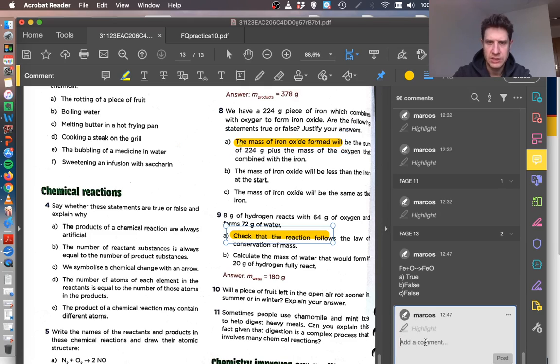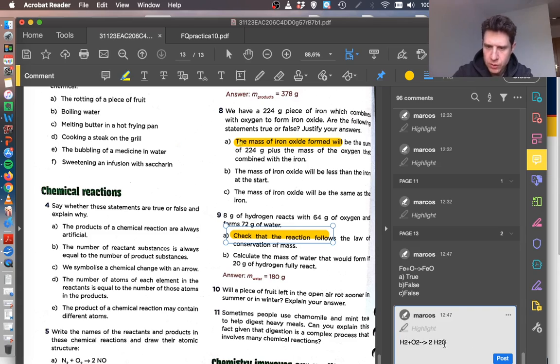We have hydrogen plus oxygen, we have water. Here we have a 2, and that's it.